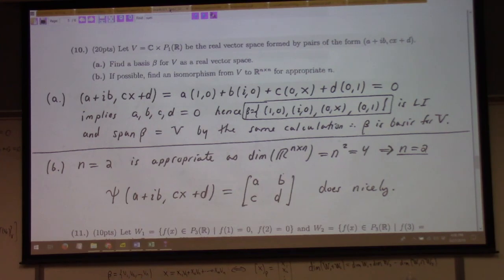Problem 10. So basically, I just said, okay, well, I take that and I write it as this linear combination where these are real parameters. That shows me that that's a linearly independent set, and there's its basis.